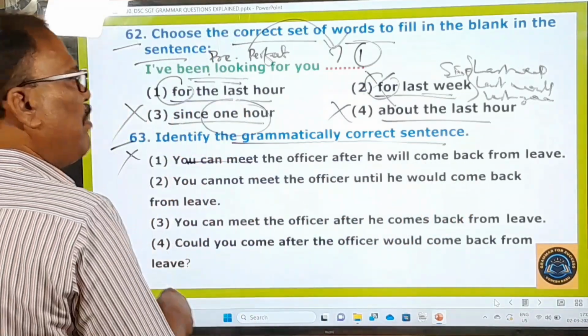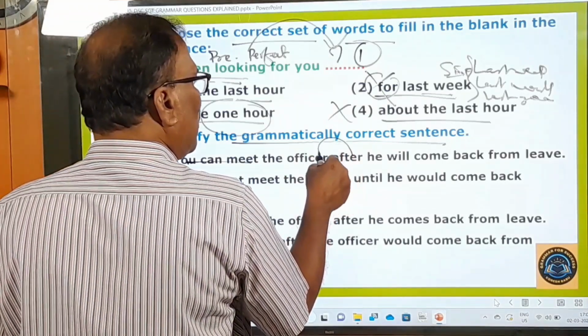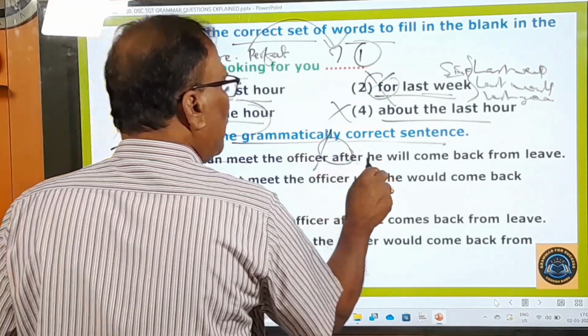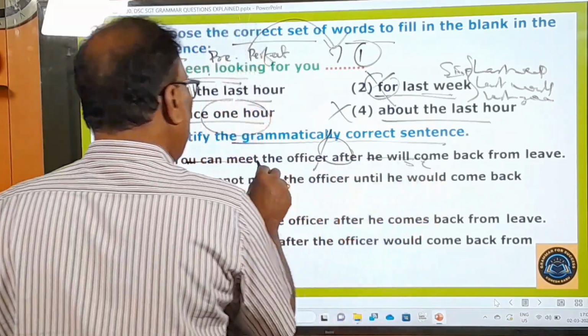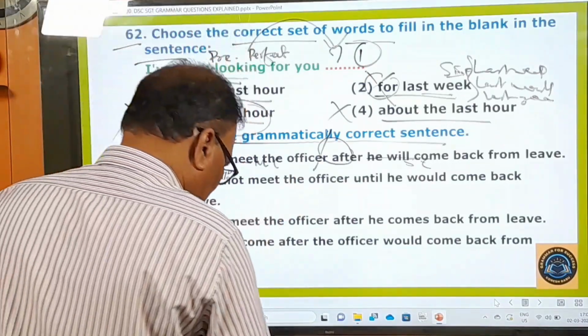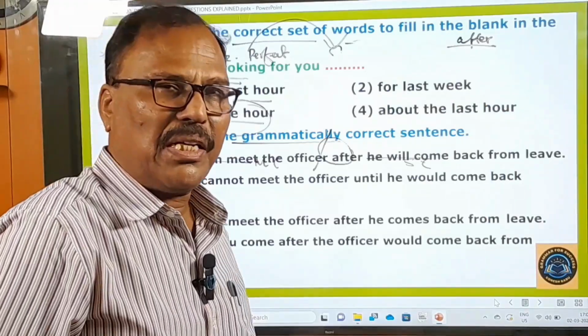This is wrong, because here you see, look at this conjunction, after. So cut this sentence. After, this is the subordinate clause, this is the main clause. Okay, see here, one rule is there. Let me talk to you about the rule. What is that? Time introducing conjunctions are there.